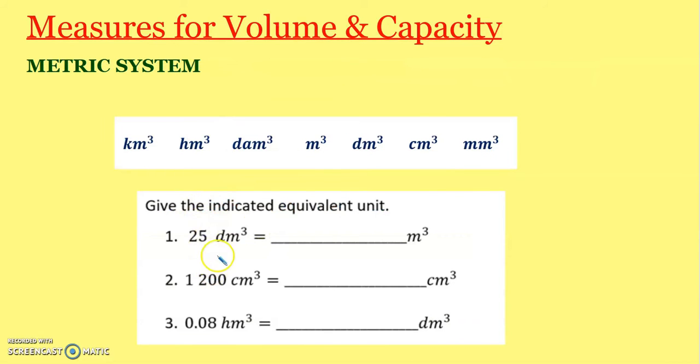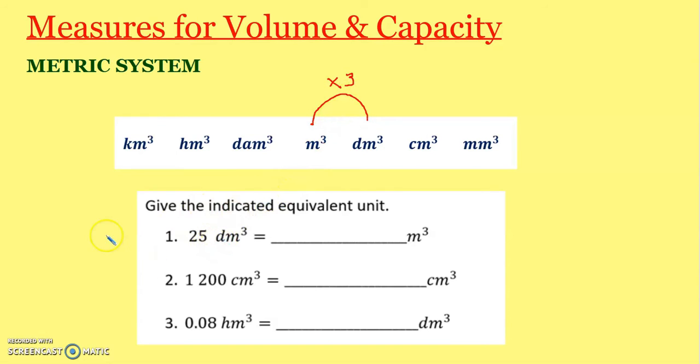In number 1, we have to convert 25 cubic decimeters into cubic meters. Hanapin natin yung pwesto ng cubic decimeter sa converter. Ito siya. At yung cubic meter nasa left. Kung nasa left yan, ibig sabihin we are converting smaller to bigger. How many jumps? 1. But take note, it has to be multiplied by 3.